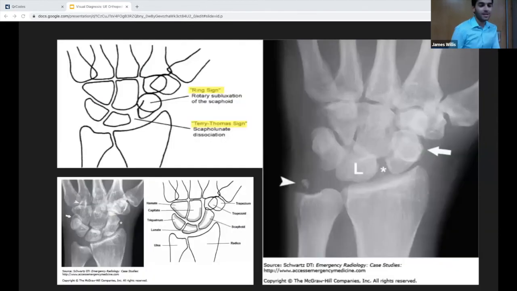All right, so like a lot of you guys pointed out, there is that obvious ulnar styloid fracture that arrowhead is pointing toward. And then a lot of people also pointed out the scapholunate dislocation.